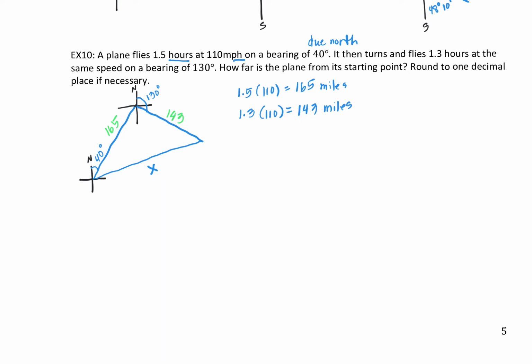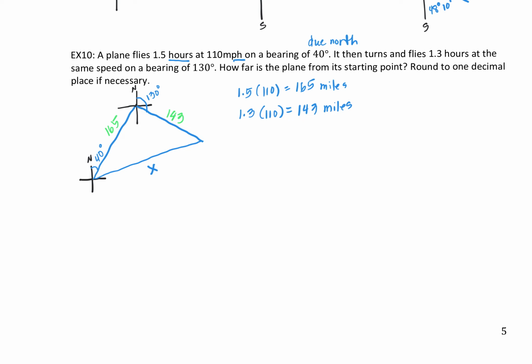So it would be really nice if this were a right triangle because I've got two sides. I would just have to find x using the Pythagorean formula, but I don't know if I have a right triangle. It kind of looks like where we have the north 130 degrees, that might be a right triangle. So this is where you're going to use those properties that we talked about.